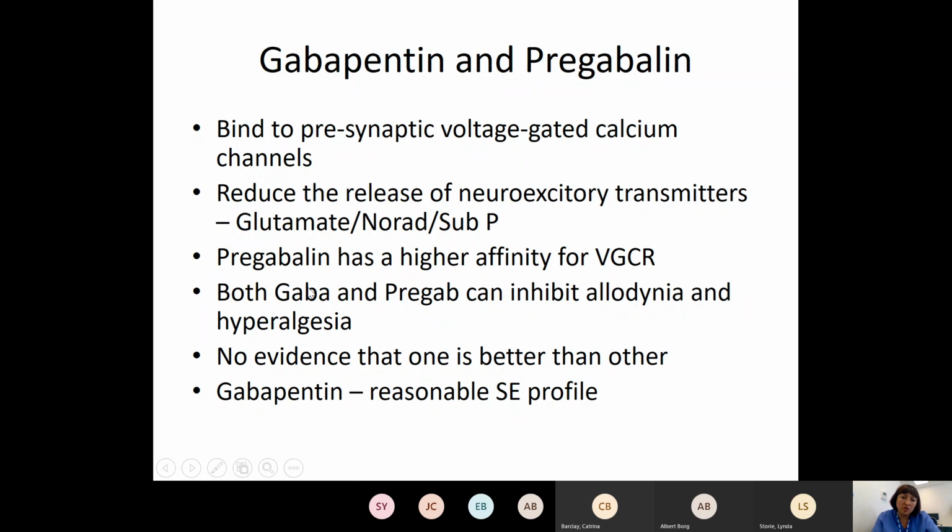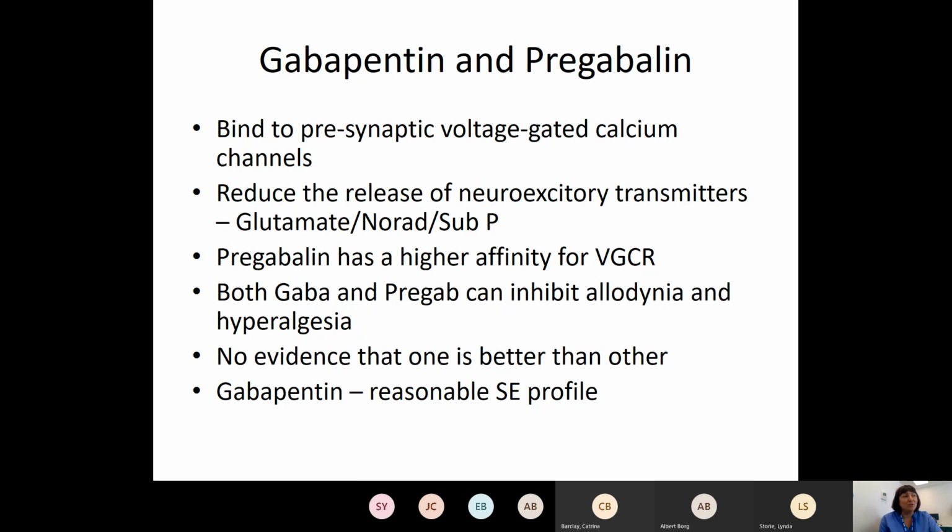But what they're both good at doing is inhibiting this allodynia and hyperalgesia that I'll come on to in a minute, which you sometimes see when you've had escalating doses of opioids as well as neuropathic pain. We've got no evidence for which is better, gabapentin versus pregabalin, but we tend to use gabapentin because it's cheaper.